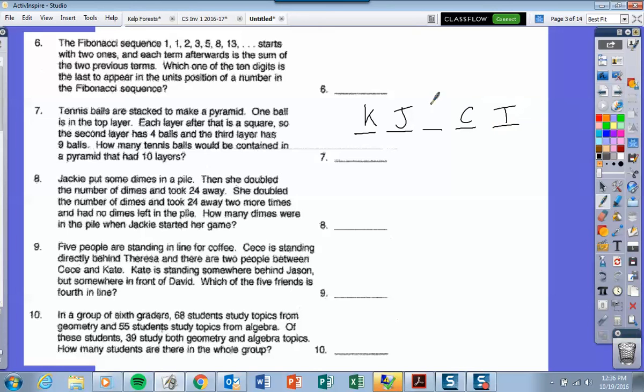This gives me, right here we're good, but Kate is standing somewhere behind Jason, so Kate has to be on the other side here. Instead, as I go through and do that, I can get this order right here, and the 5 friends, the 4th in line is Teresa.